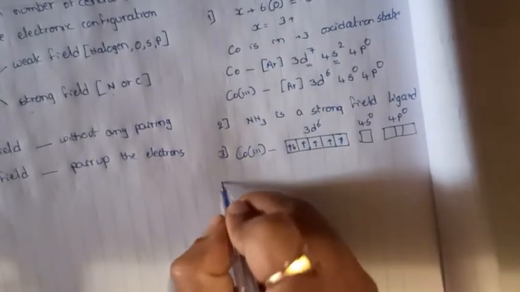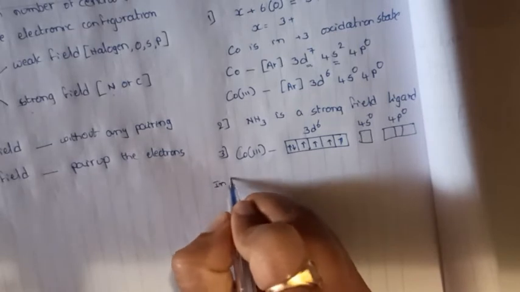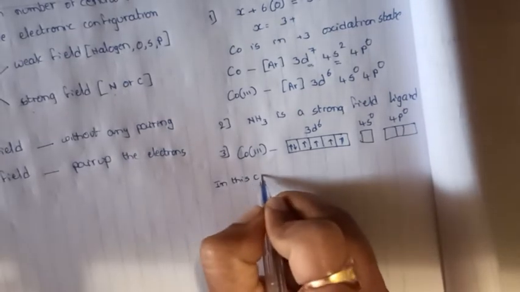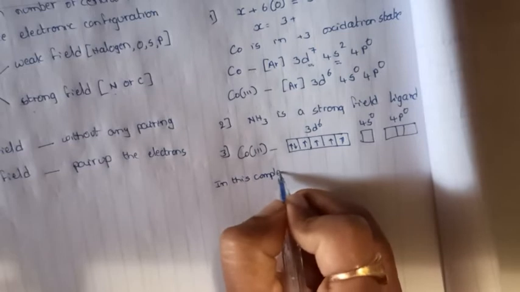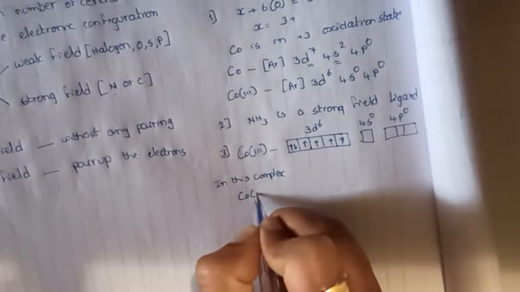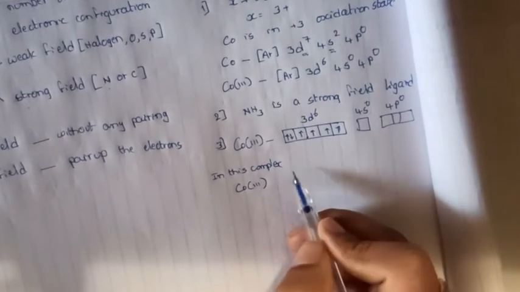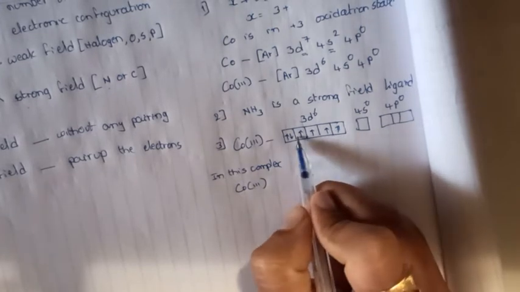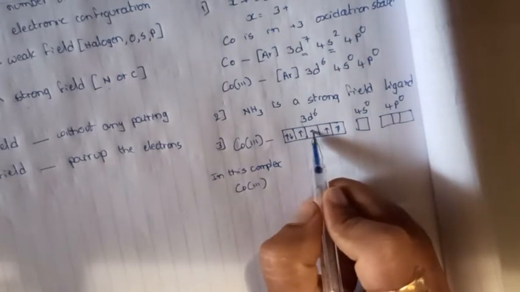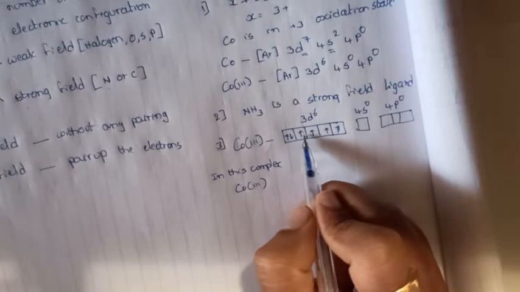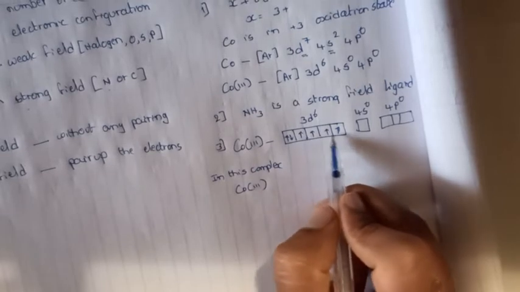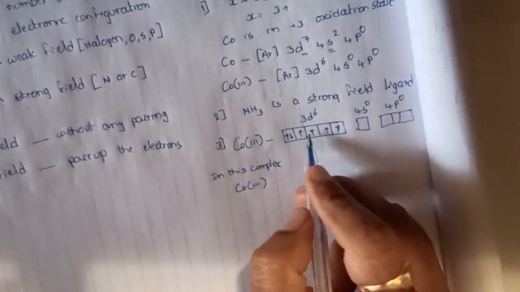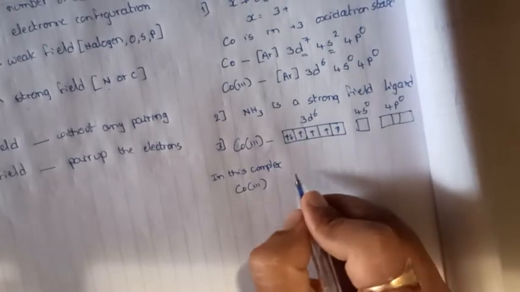But in this complex, because of the strong field ligand, these electrons undergo pairing. First they pair up two electrons each, and only then do they undergo hybridization.